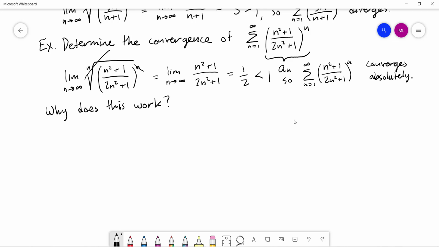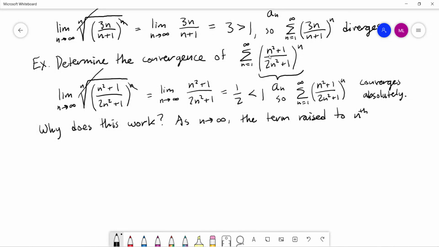I'm not going to go into quite as detailed an explanation. But the idea is, if we assume that as n goes to infinity, the term raised to the nth power, the stuff in the parentheses here, is going to approach a constant.